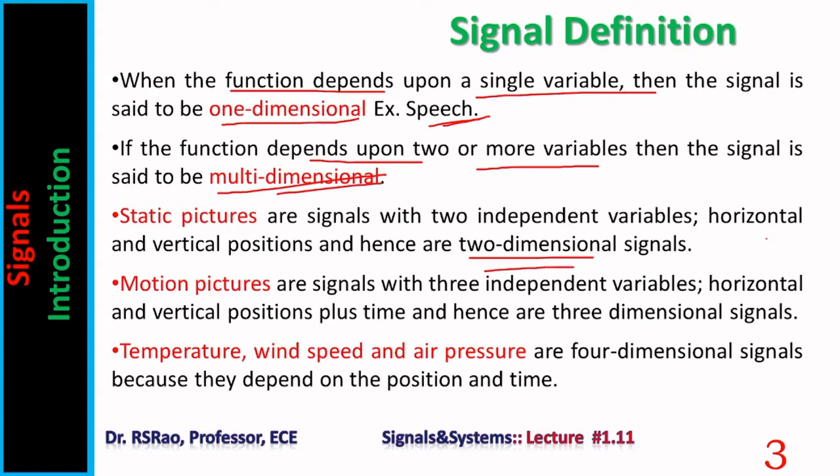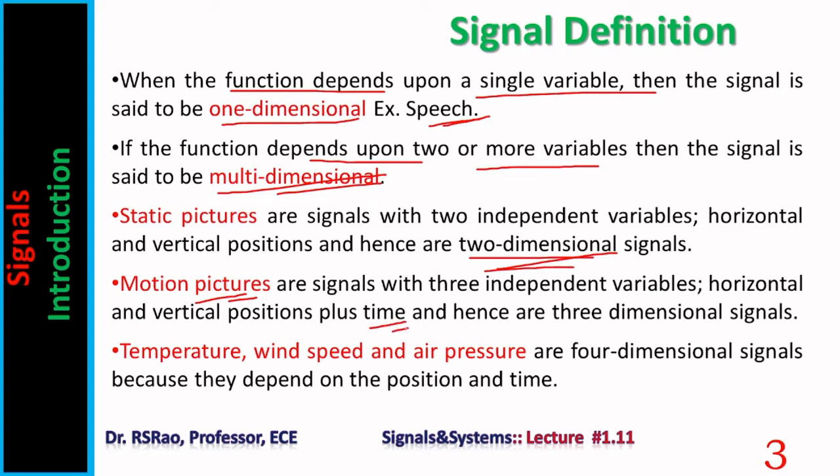They depend upon positions, horizontal position and vertical position. Hence, they are two-dimensional. Motion pictures are examples of three-dimensional signals. They depend upon horizontal and vertical positions and also on time.